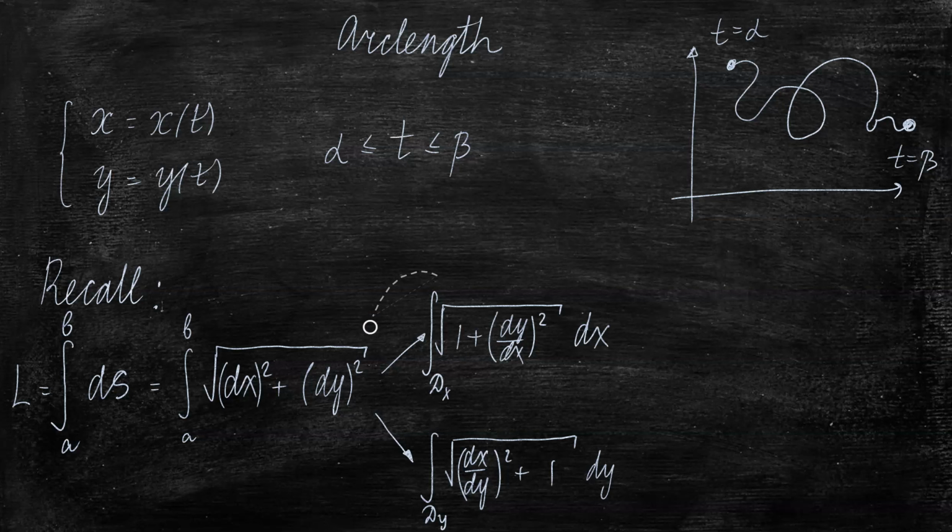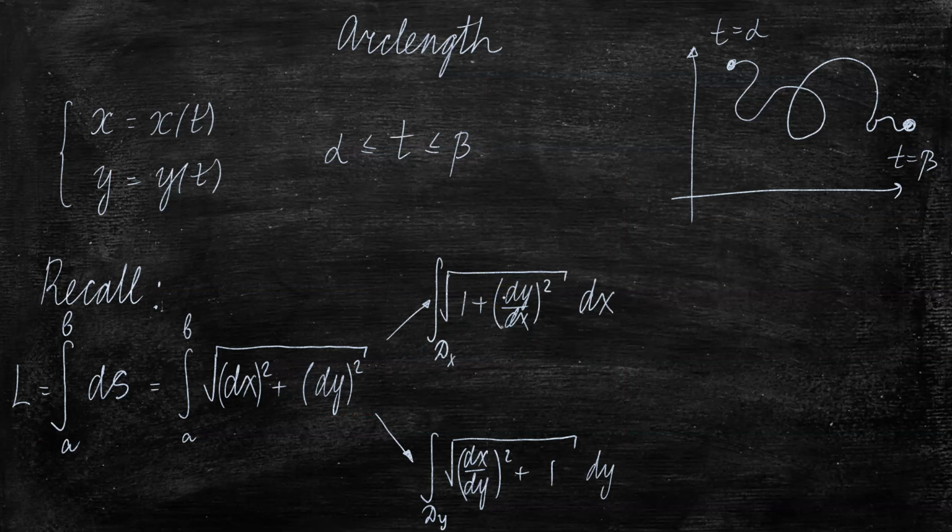The only thing that's going to be done differently when working with parametric equations is what we do with this radical. Instead of pulling out dx and dy, and again, it does look like we're pulling it out, but in fact this is just an appearance.